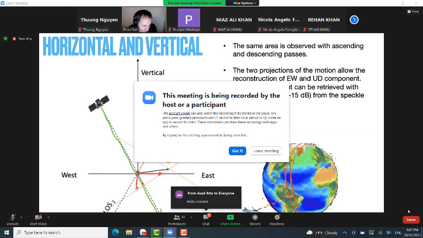Both of these motions would lead to such a motion in the line of sight direction, as this arrow shows. So we don't really know in which direction our ground is moving. Is it moving to the east, or is it going down, from one orbit, from one direction? We can't really distinguish that.